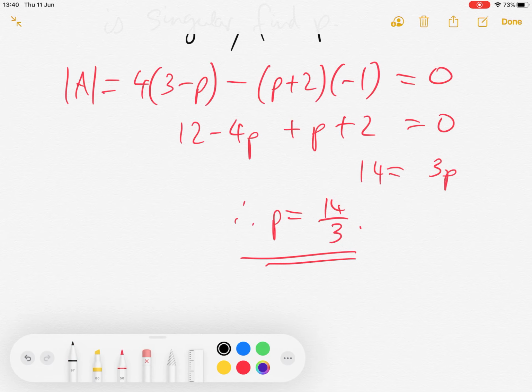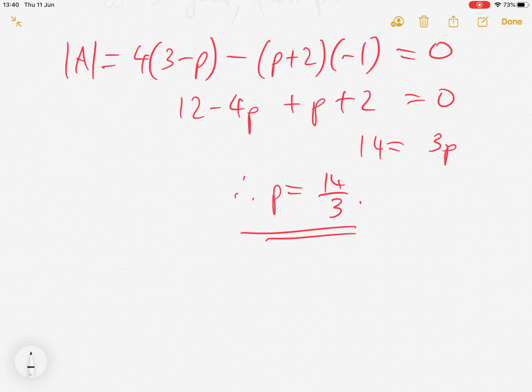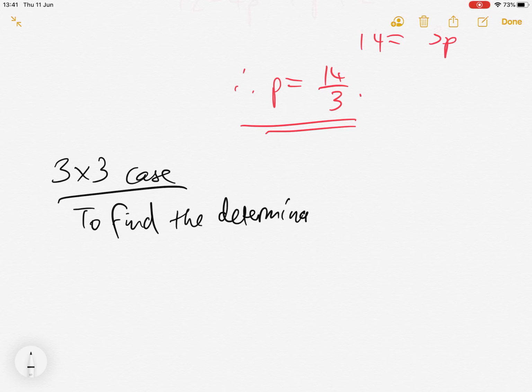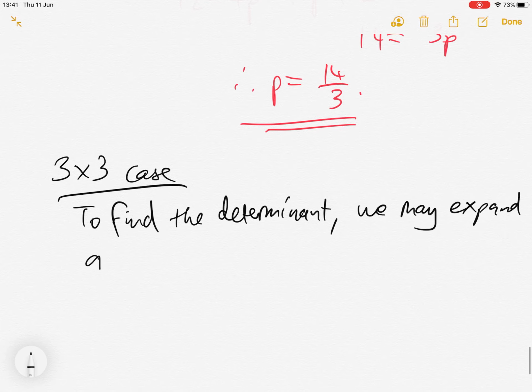What we now want to do is to move on to 3 by 3 matrices. To find the determinant of a 3 by 3 matrix, we may expand, and we'll say what this means in a second, along any row or column.